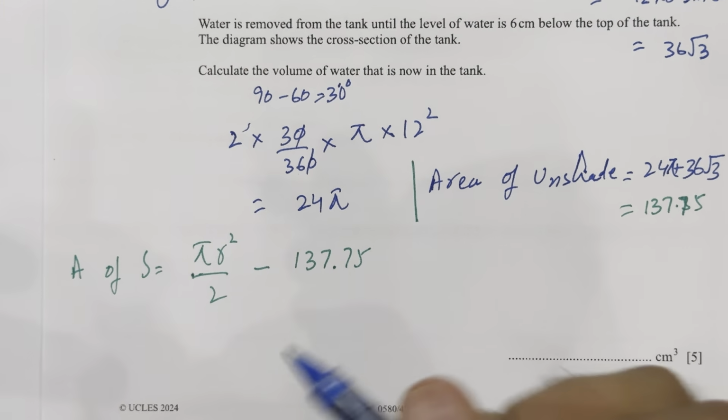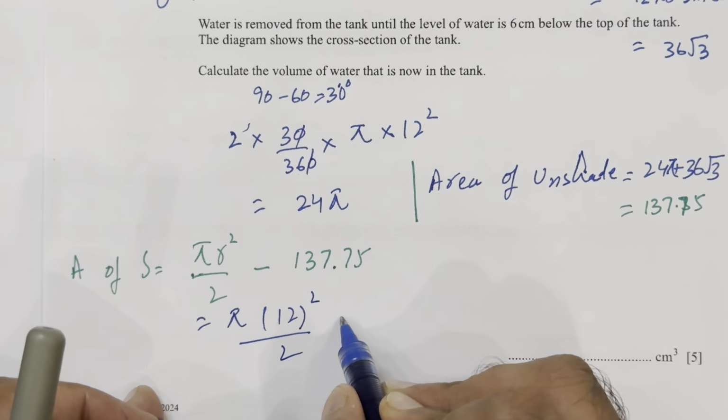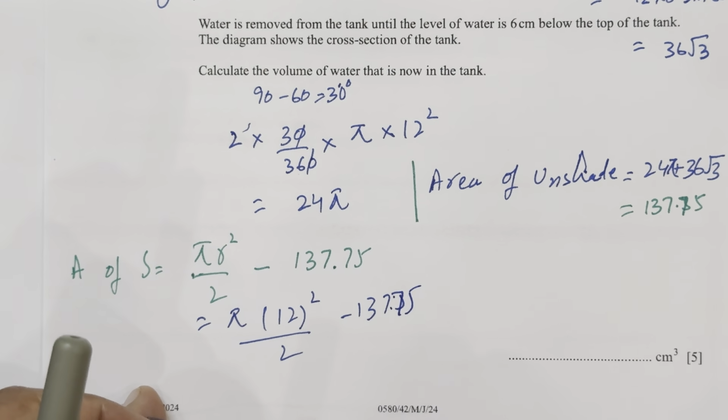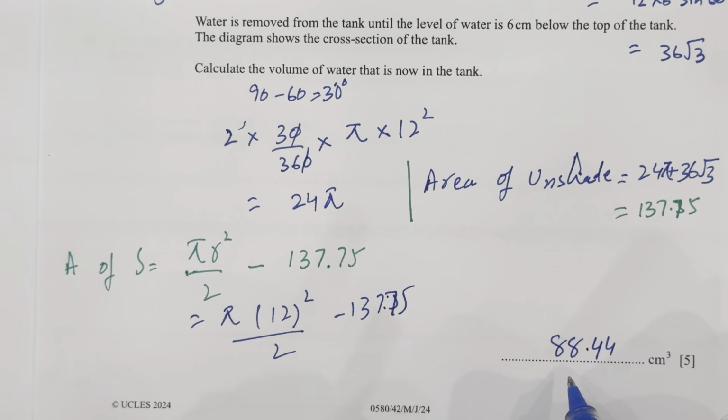And the value of r is 12, so 12 square by 2 minus 137.75, you get the value that is equal to 88.44 centimeter square.